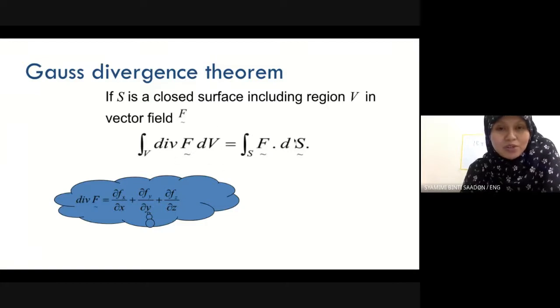Okay, so this is a theorem, a rule. It means that if you do the divergence here, it will equal this value.